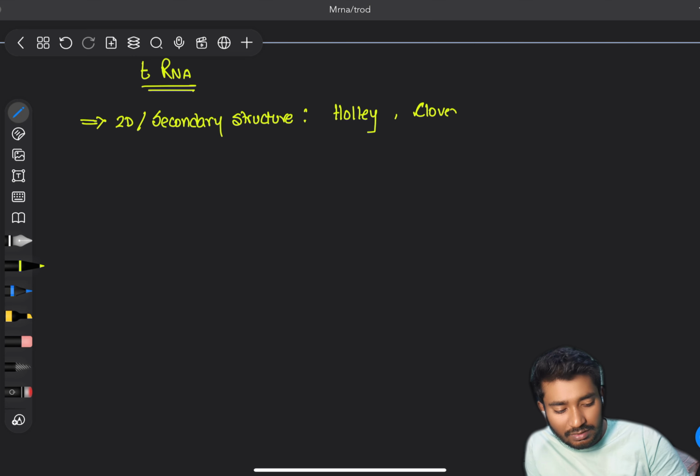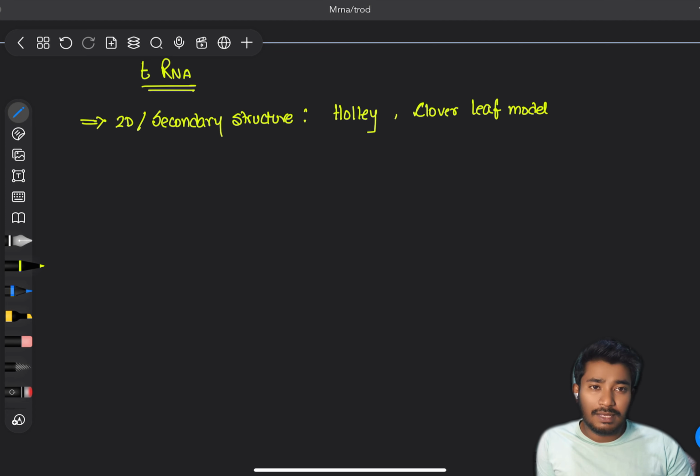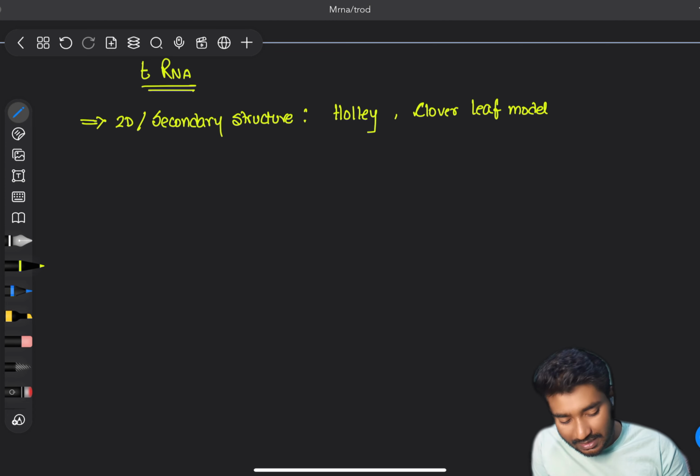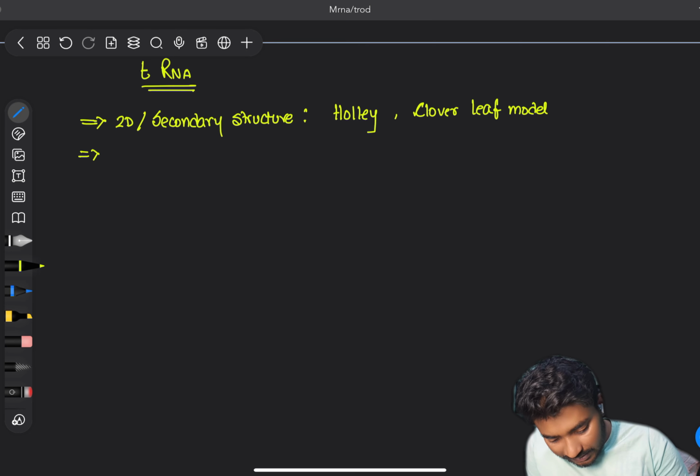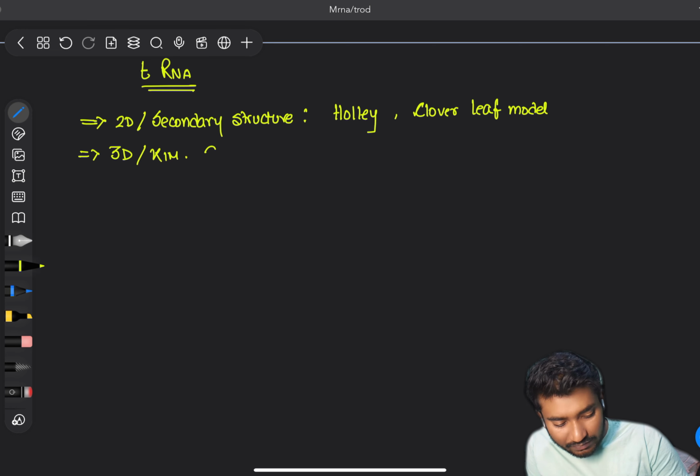He named it the clover leaf structure, clover leaf model. It looks like a clove, lavang. The second is the 3D structure discovered by Kim, and it is of inverted L shape.